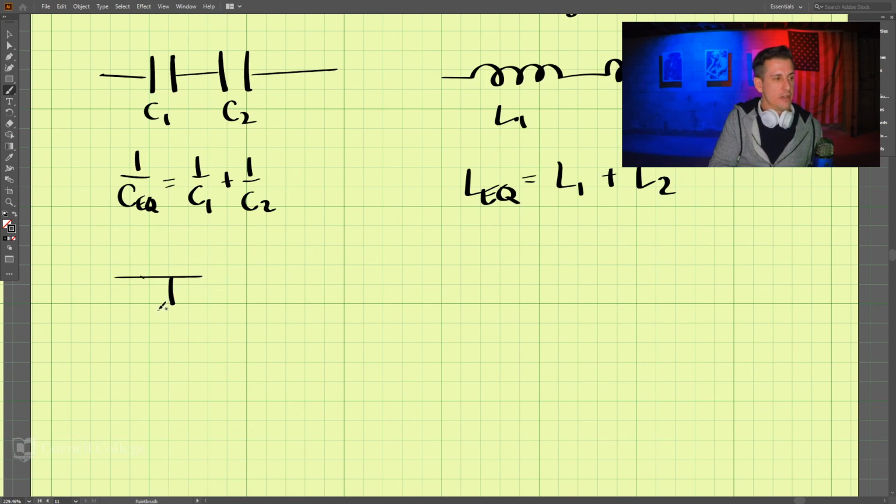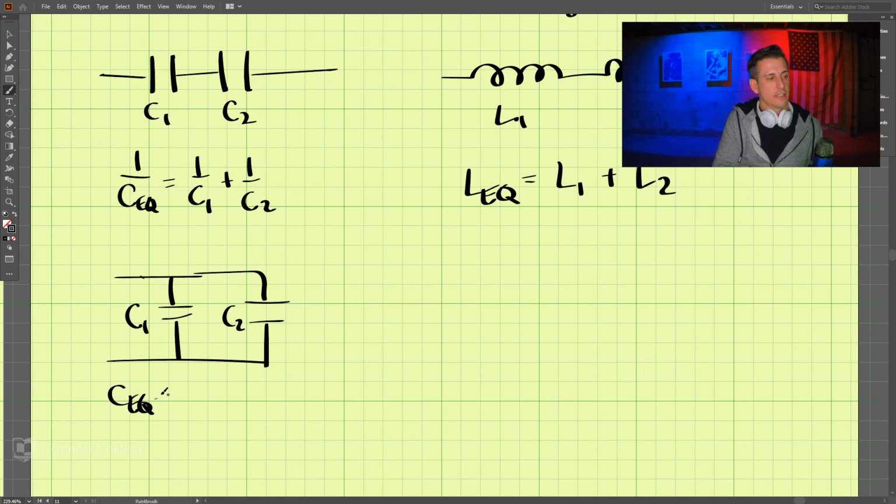If we have capacitors in parallel, C1 and C2, the equivalent capacitance is C1 plus C2.